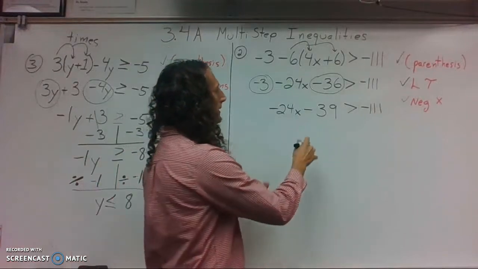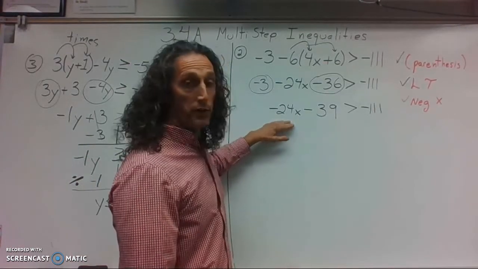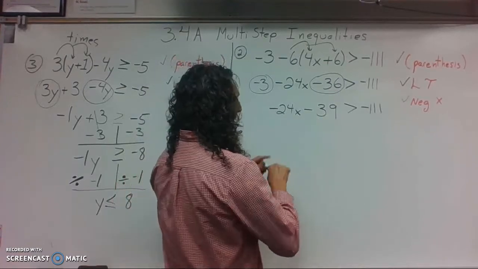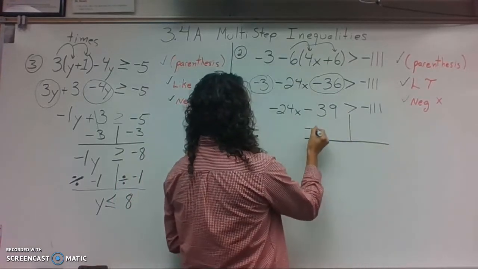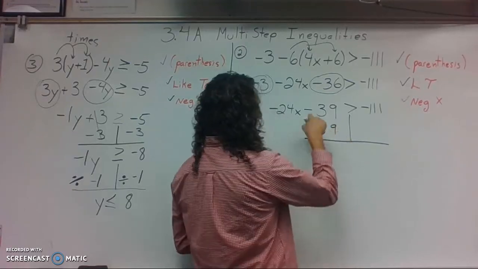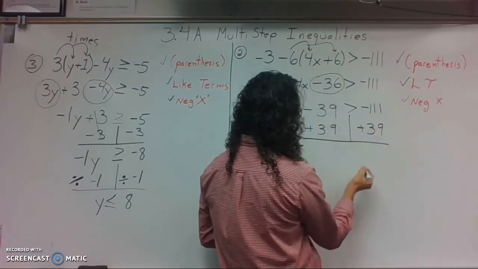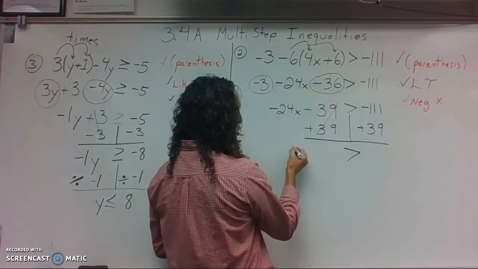All right, so again, I'm going to come over to where the x is. I'm not going to go after the 24 first. It's too close. There's a gap. I'm going to go after that 39. So draw my fence or my wall. I go plus 39, because that's the opposite of minus 39. Drop down my inequality sign. These guys cross out. That's why we do this.